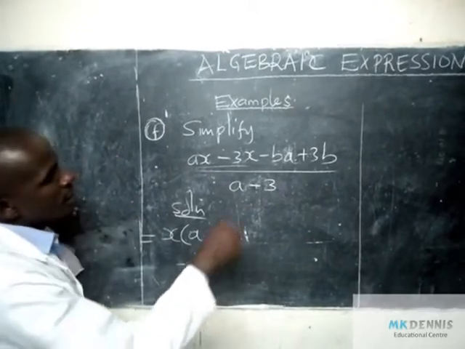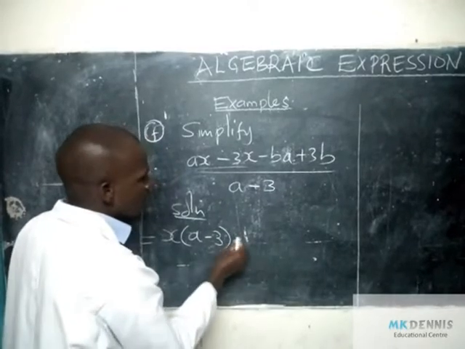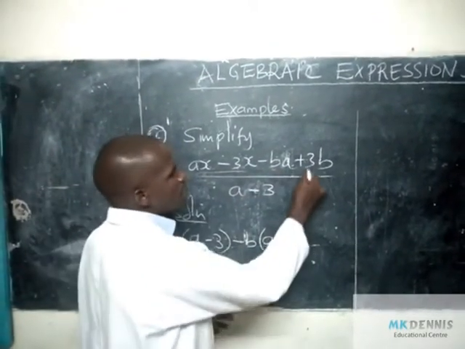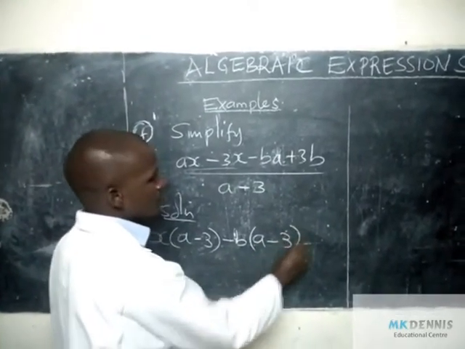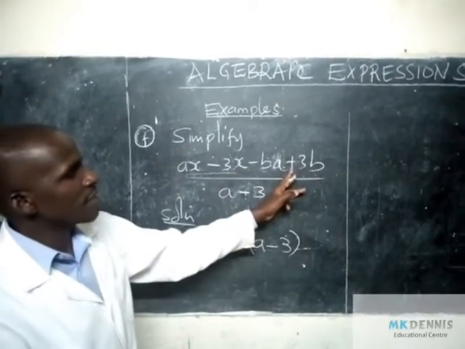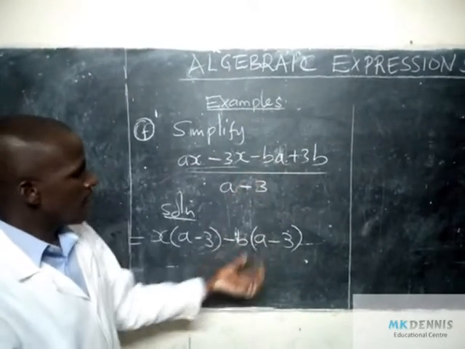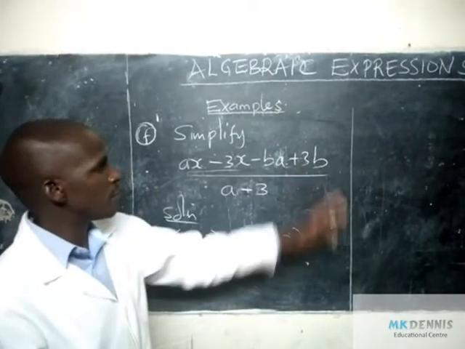Then in this other one, b is common, so we can have minus b into a and minus 3, so that negative and negative give us a positive 3b.